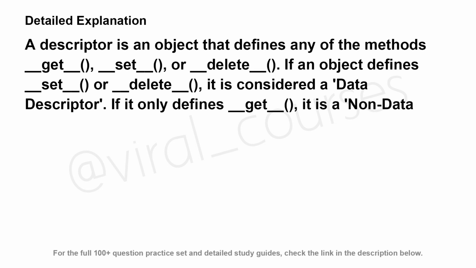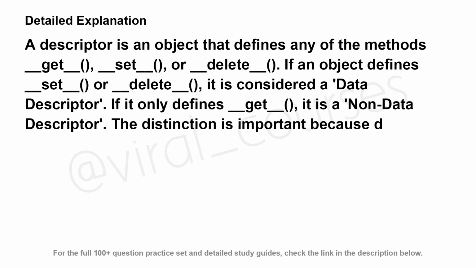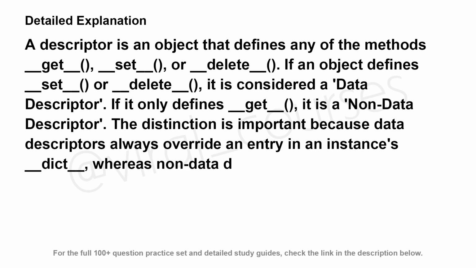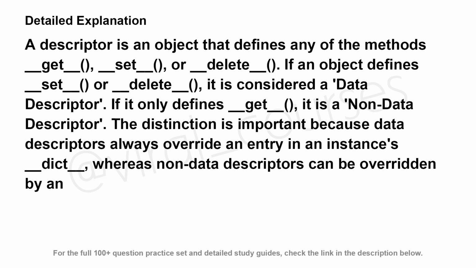If it only defines __get__, it is a non-data descriptor. The distinction is important because data descriptors always override an entry in an instance's __dict__, whereas non-data descriptors can be overridden by an instance's __dict__.